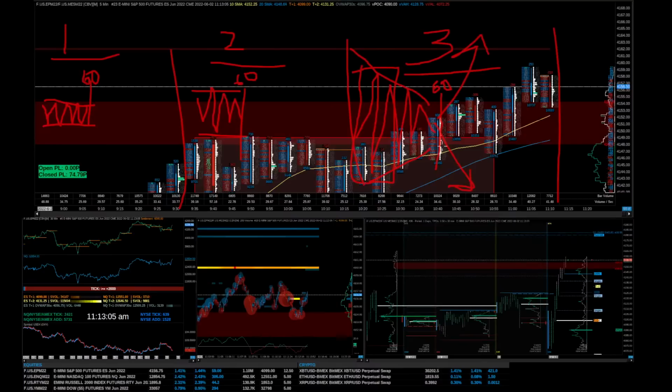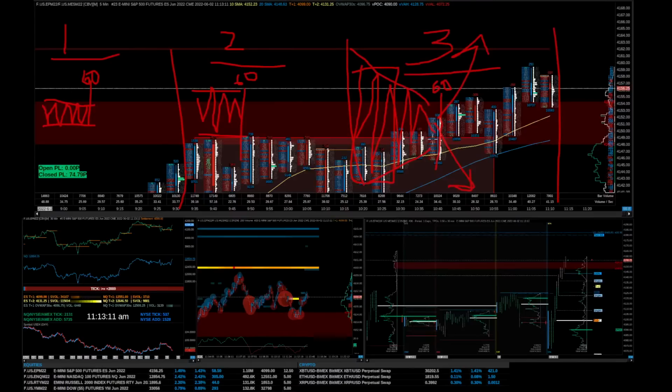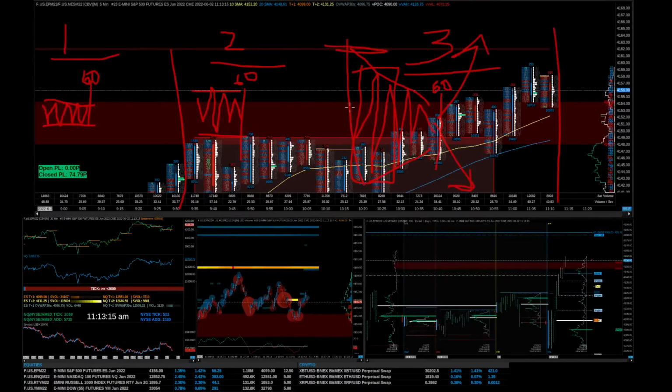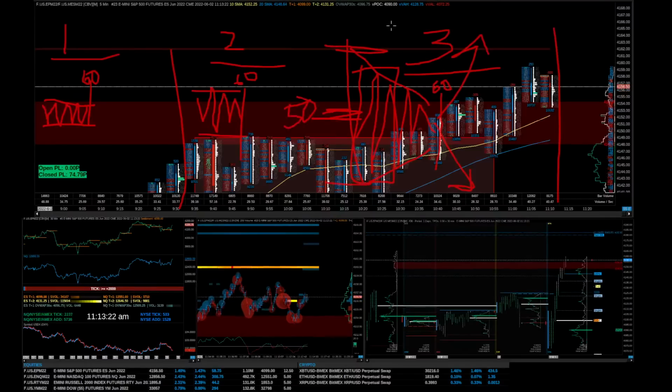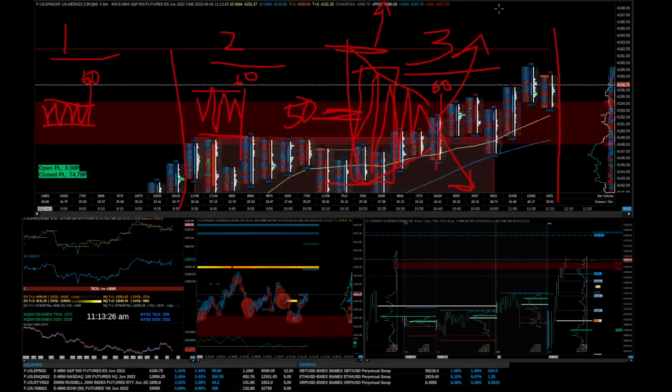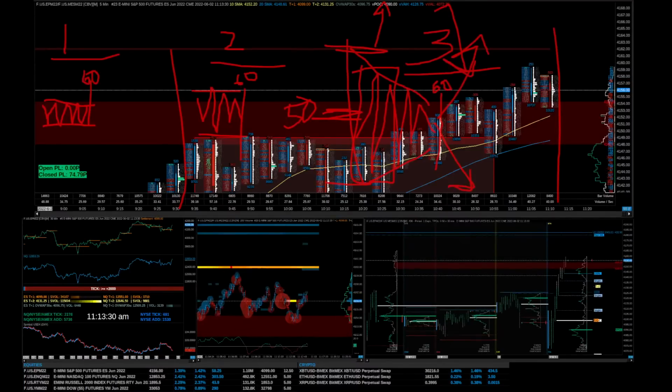Because this is a wider initial balance, we may get the break from this symmetrical triangle, but the break is likely to fail before 50% of initial balance and then come back into range.